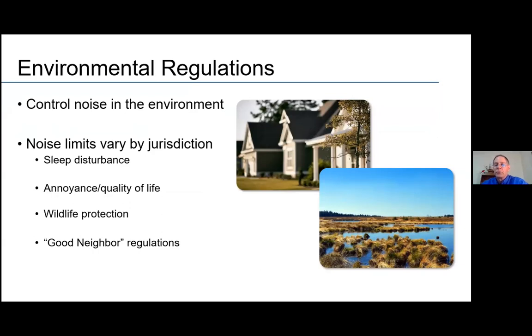Looking at issues like sleep disturbance or even just quality of life issues. Somebody can't sit out in their backyard because there's too much noise coming from the plant a mile down the road. In some areas, there are even regulations governing noise emissions due to the impact that noise can have on wildlife. And then there's a lot of what get referred to as good neighbor regulations, businesses wanting to just make sure that they are in good relations with everybody in and around them because that makes everybody's life easier going forward.